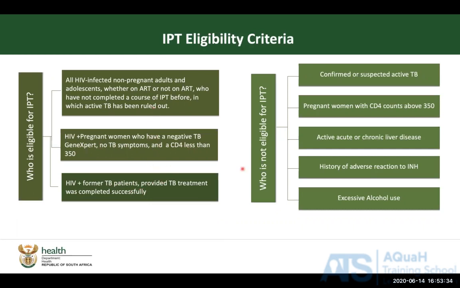they are eligible for isoniazid prophylaxis therapy. Who is not eligible and should be excluded from accessing isoniazid prophylaxis therapy? That would be anyone who has confirmed or suspected active TB, pregnant women with high CD4 counts, patients with active acute or chronic, any form of liver disease, history of adverse reaction to INH, severe peripheral neuropathy, or even a hypersensitivity reaction, and then excessive alcohol abuse.